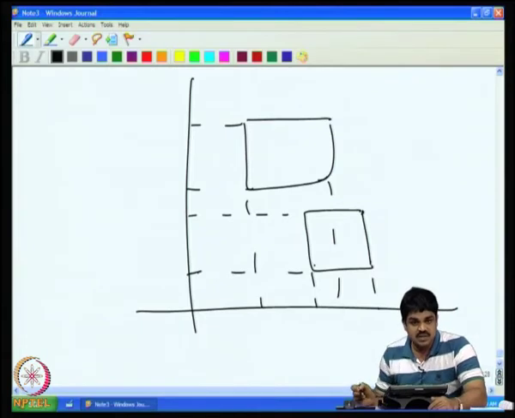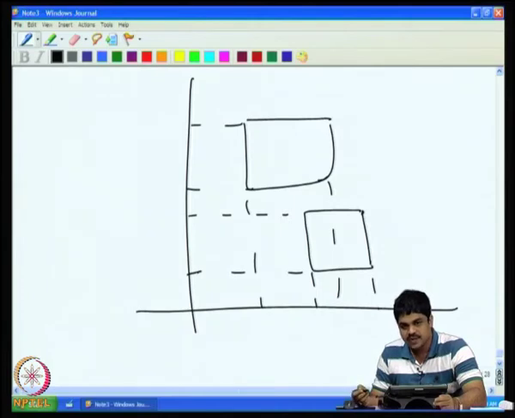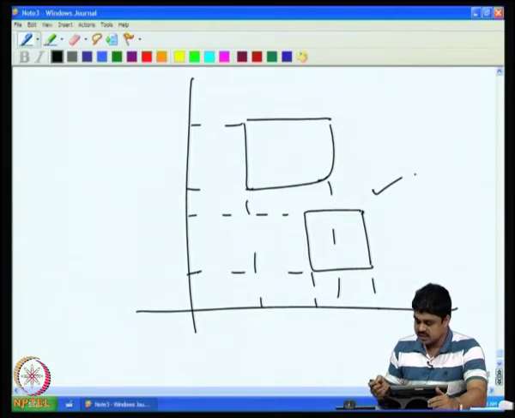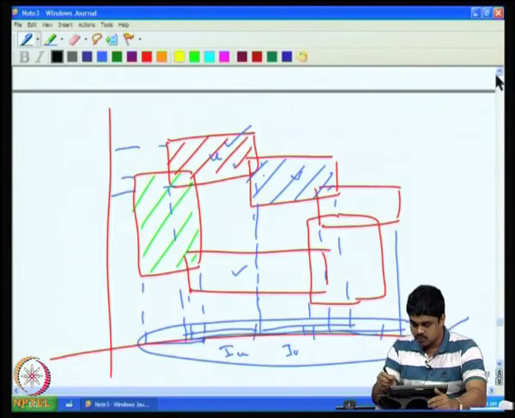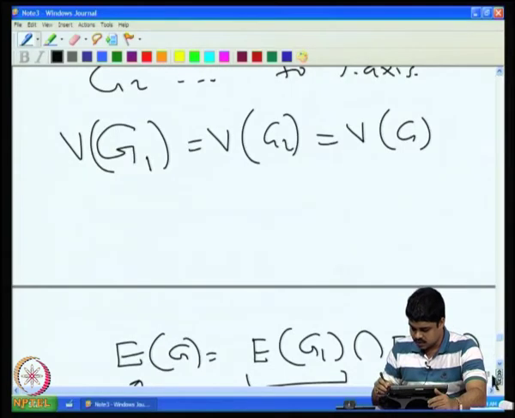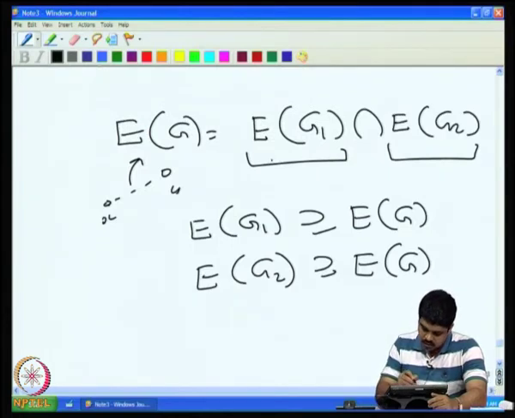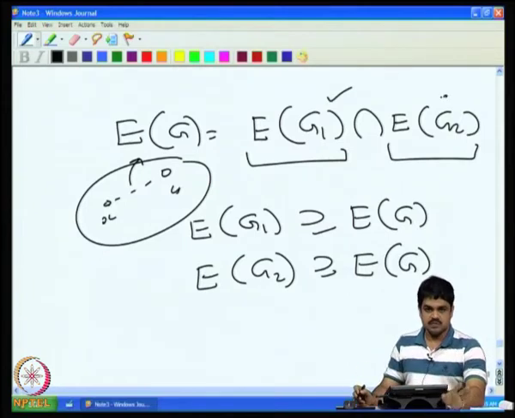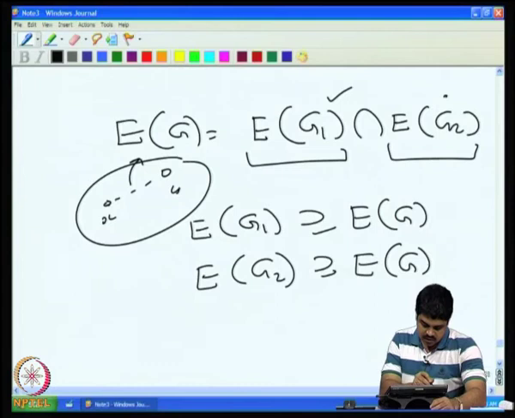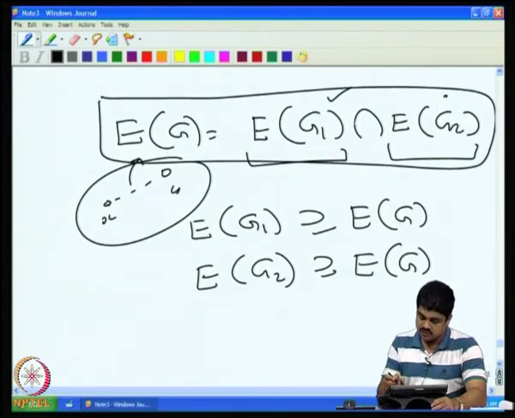If in both axes their projections intersect, then the rectangles themselves have to intersect, because the rectangles are the Cartesian product of these projections. It is very easy to see that if there is a common point in both the projections, then their Cartesian product has to intersect. Therefore, either G1 or G2 will be such that this edge which is not there in EG will not be there in EG1 or in one of those graphs. That is why E of G becomes the intersection of E of G1 and E of G2.